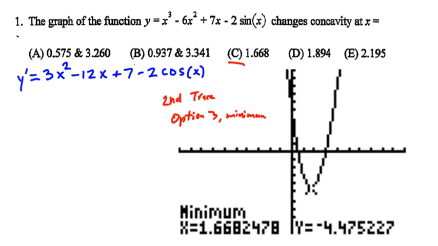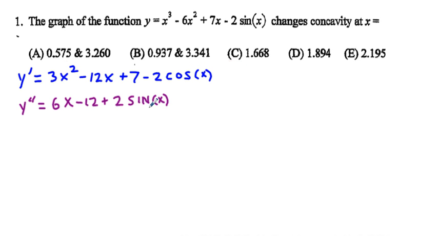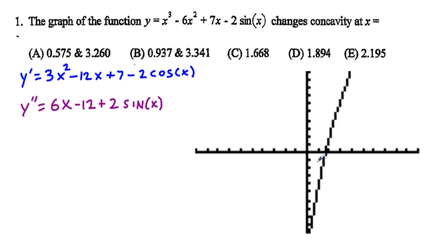Let's go ahead and take another level. If we take the second derivative, and here's the first derivative work, that's okay. The second derivative, we have a sign change here. The 7 goes away, and the second derivative graph is this one right here.